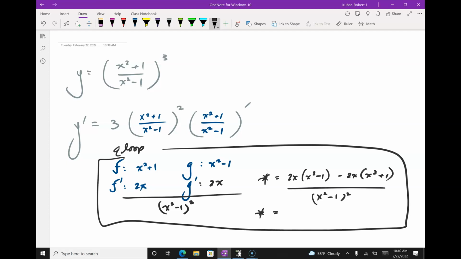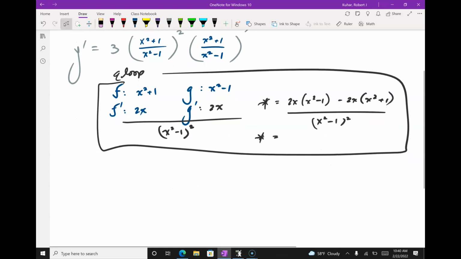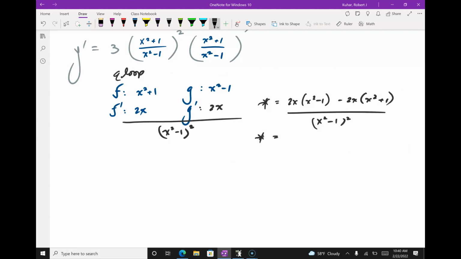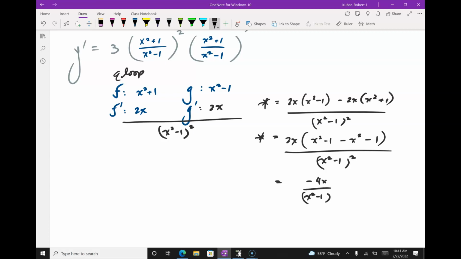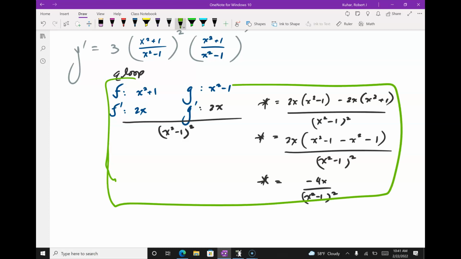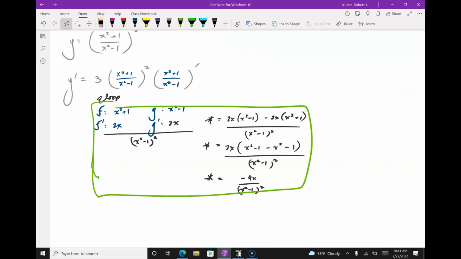It's still too messy, right? But what am I going to do here every time? Factor. I don't want to distribute. I want to factor out the 2x upstairs. And I get x squared minus 1 minus x squared minus 1. So it looks like I get negative 4x over x squared minus 1 quantity squared. There is finally my little quotient rule there.